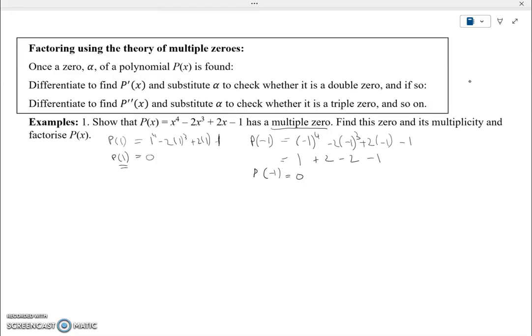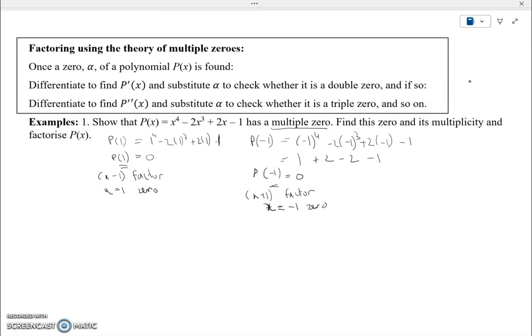So we've got zeros of 1 and negative 1, which means we've got a factor of x minus 1 and an x plus 1 factor here. So one of these will be a multiple 0, either 1 or negative 1. So x equal 1, 0, x equal negative 1, 0.